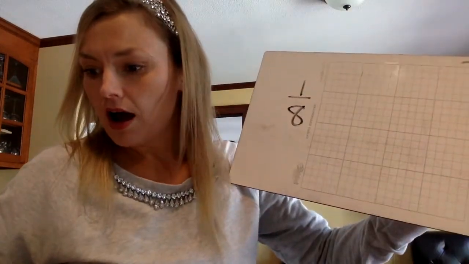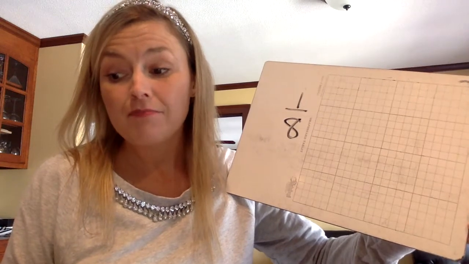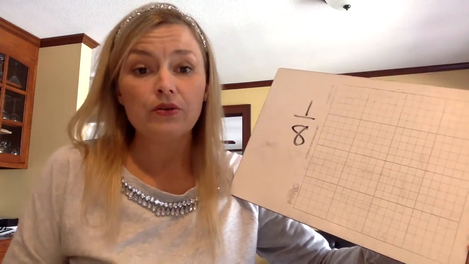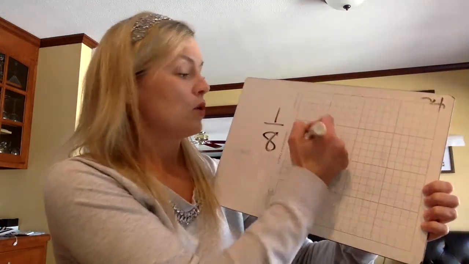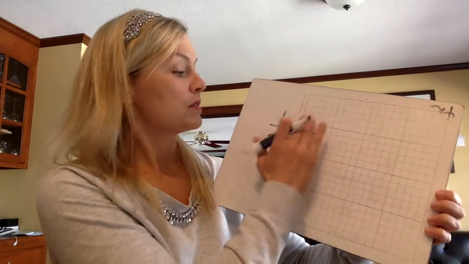Okay, so in question number 24, it gives you the area of 1/8, and it gives you the length, and you are trying to find the missing width. So we know that area equals length times width. Here we are given the area, and we are given one of the dimensions.